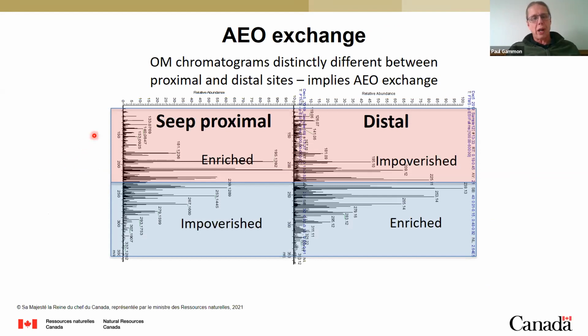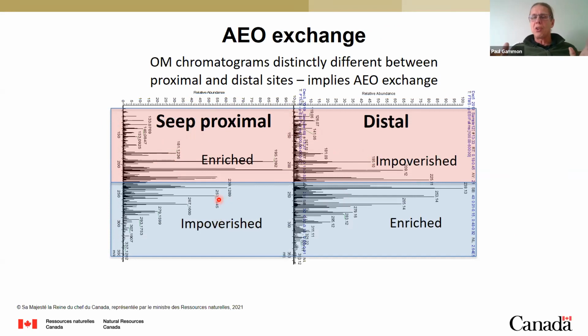So here are some chromatograms that I've put on their side. This is the m/z number, on similar scale, and then a relative abundance on this scale. And this is the seep proximal, so this is right at the seep. It's enriched in these lower m/z compounds, whereas distally it's impoverished, and vice versa.